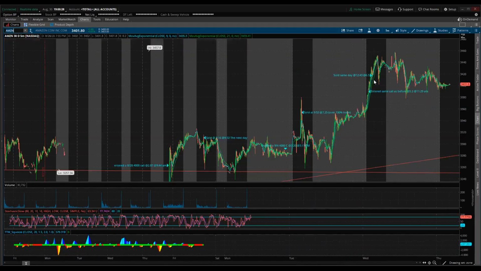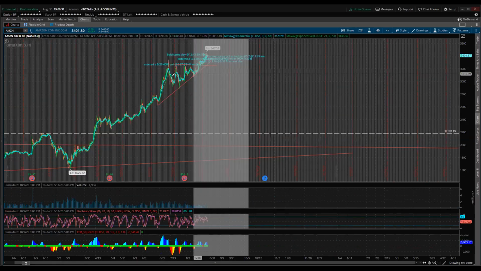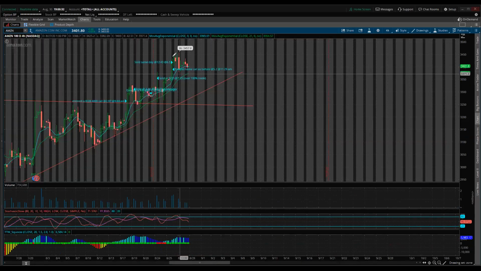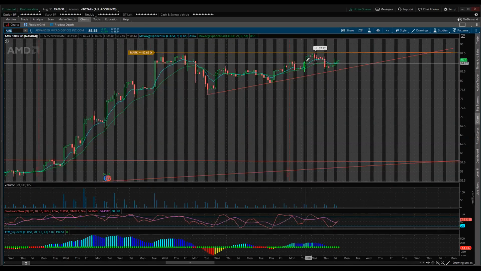With swing trading, I personally use the 4-hour a lot, and the first 4-hour candle of the day closes at 1 p.m. So waiting until 2, 3, or 4 just gives you a better idea of where the stock is going to go the next day.